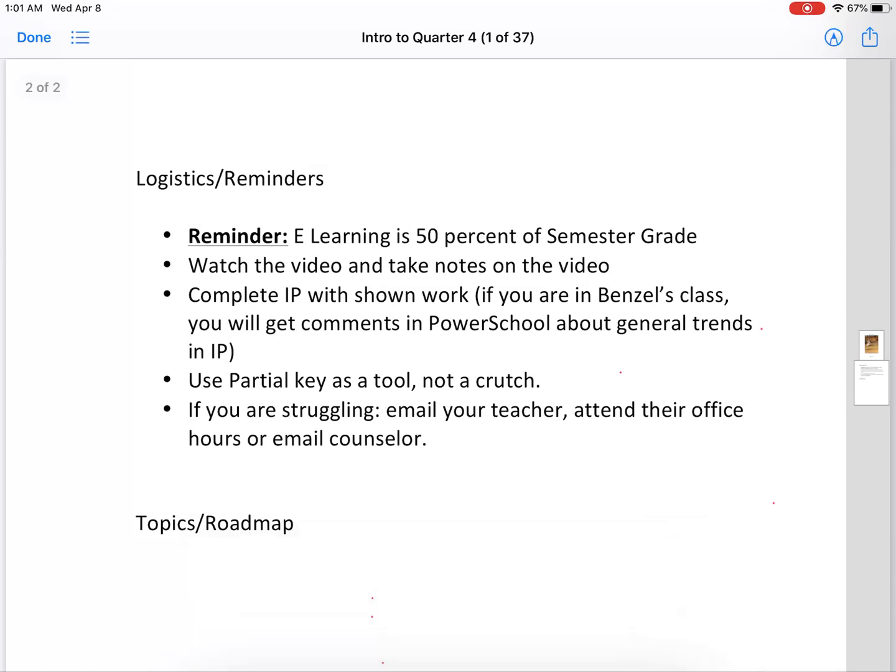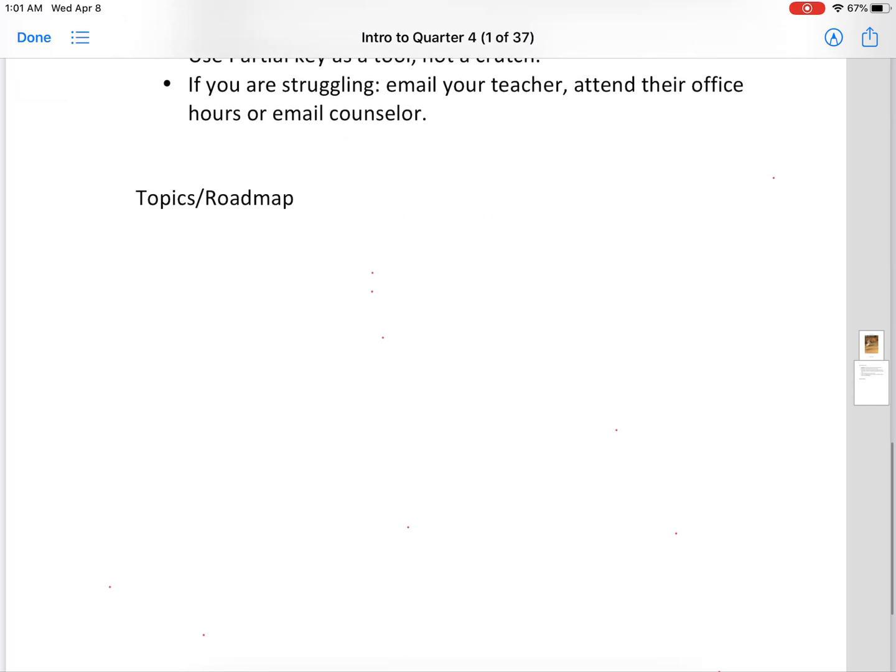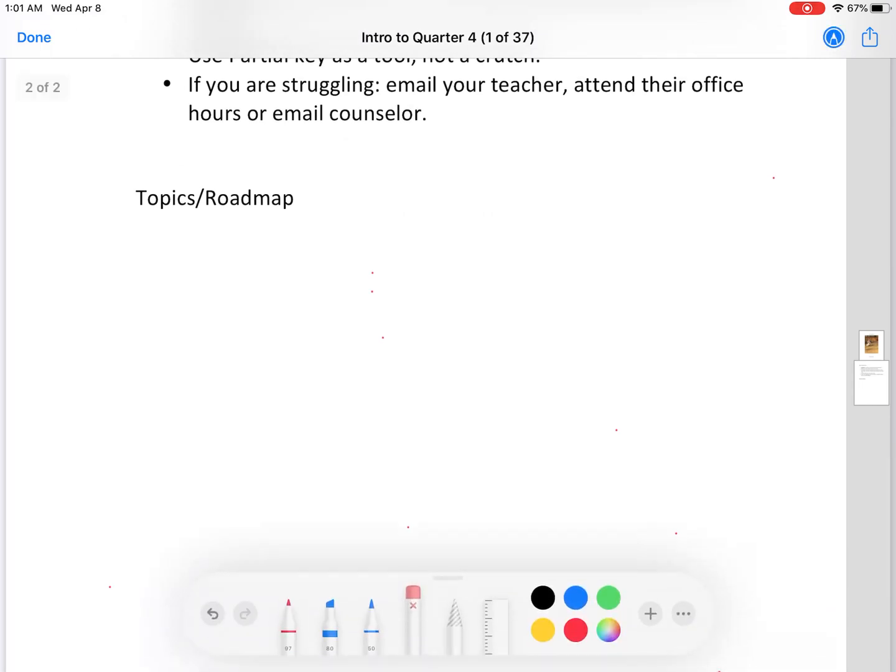Just as a roadmap of where we are going in quarter four, there's going to be 3 parts to quarter four. The first thing we're going to do is finish chapter 3.